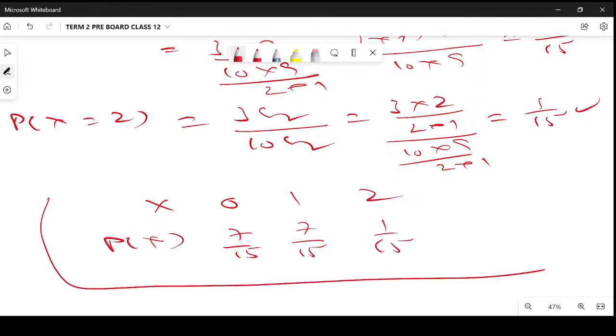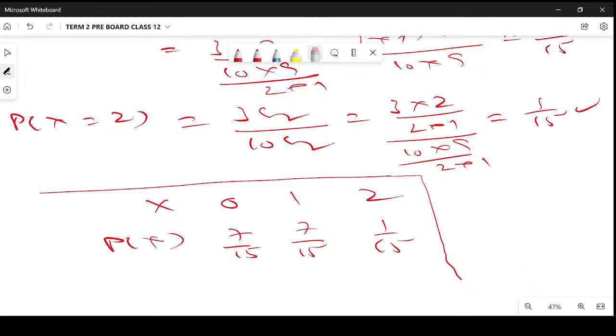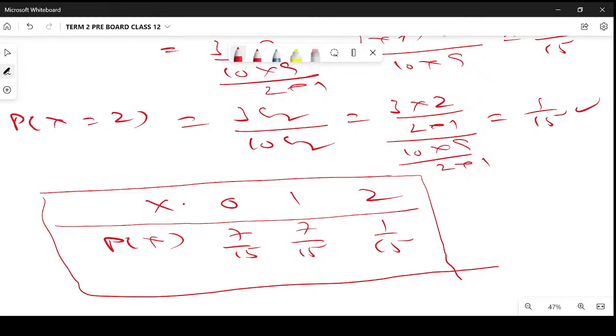So this is the probability distribution table, right, because they are asking for the probability distribution table.